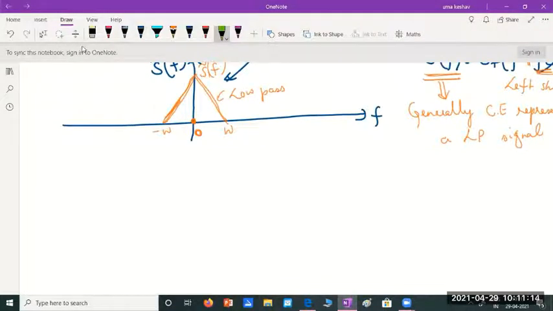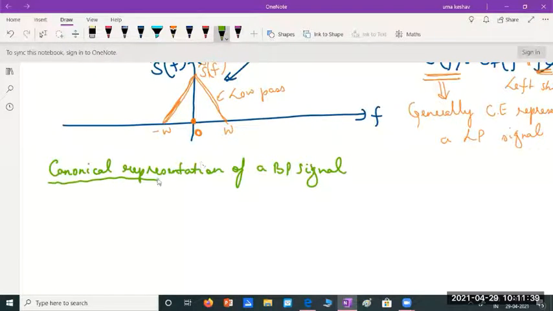If there is nothing, then I'll proceed with the next topic. Let me say the next topic is canonical representation of a bandpass signal.